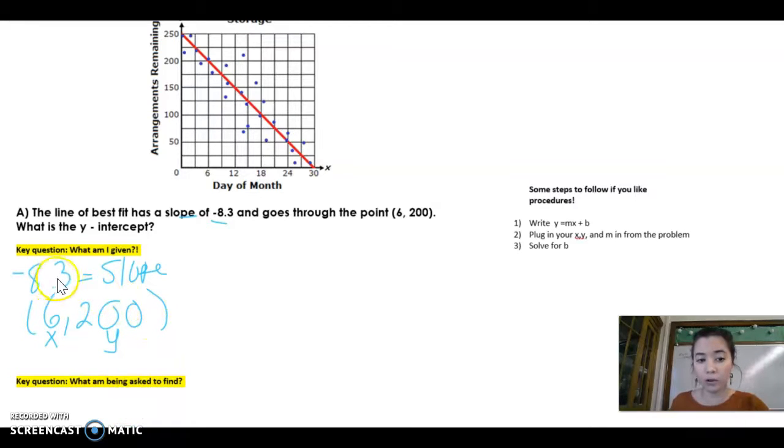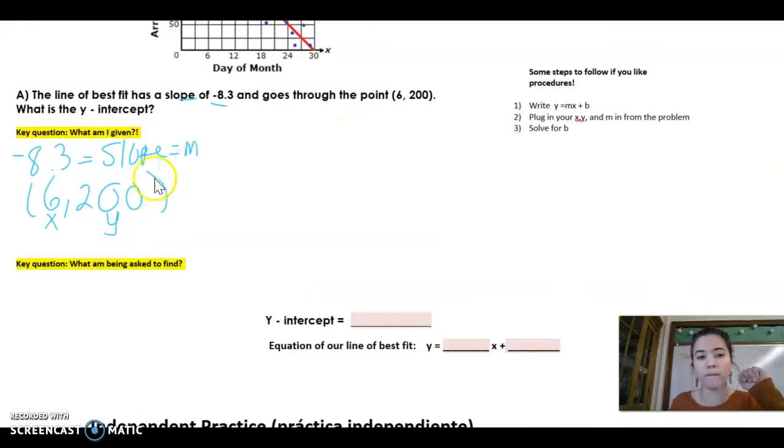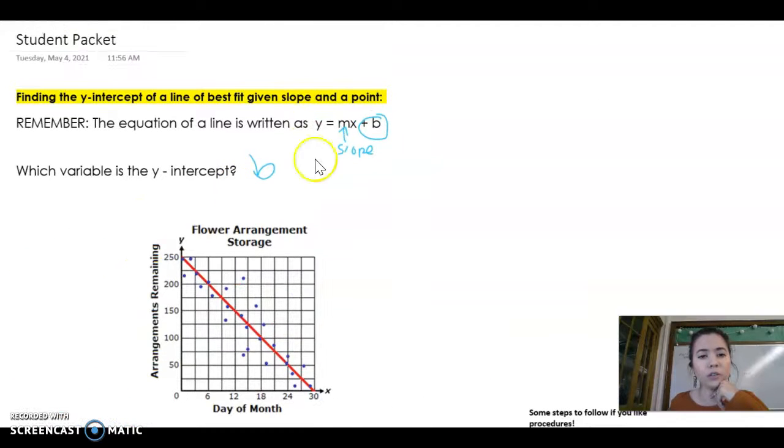So we're given a slope, which is the same thing as m. Remember, in our equation, m is our slope. We're given an x and a y. And what am I being asked to find? Our y-intercept. What variable is y-intercept? What letter in our equation? B.